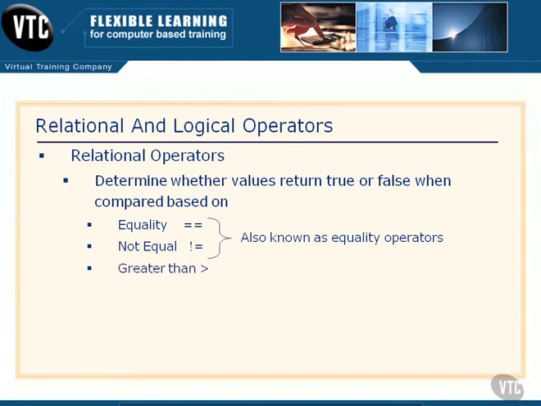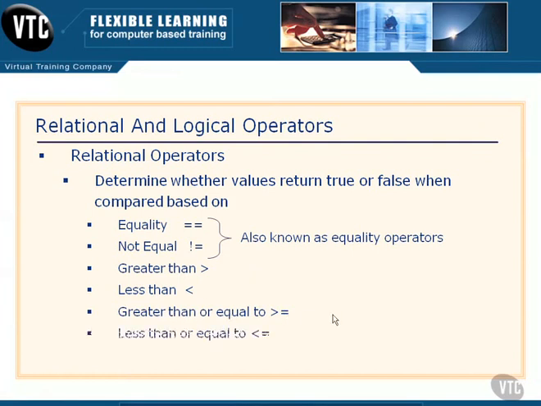Now, the true relational operators that everyone will agree on is greater than. Notice this symbol means we're checking the condition to see if the number on the left side is greater than the one on the right. Less than, we're checking to see if the number on the left is less than the number on the right. Greater than or equal to is the number on the left greater than or equal to the value on the right.